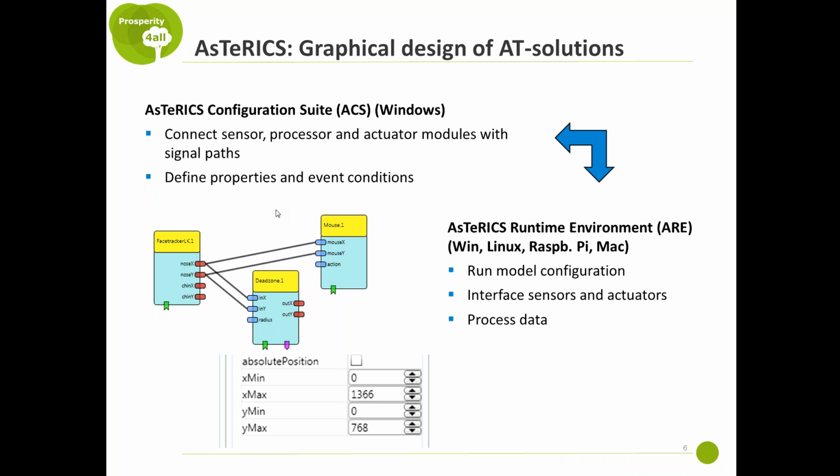Let's say program, we also call it model, and you can execute that in the AsTeRICS Runtime Environment. That is the execution environment that interfaces the sensors and actuator hardware and processes the data.